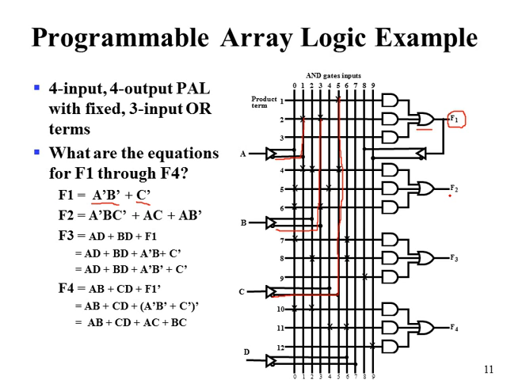As to the second output F2, which is again an OR of three AND terms. The first AND term has three values. The first line is A inverted. The second line is B in true form.